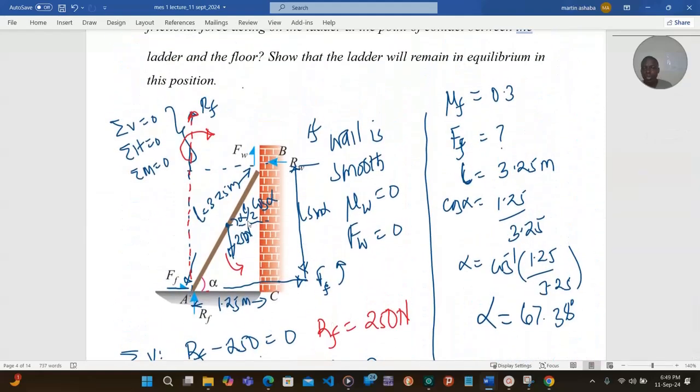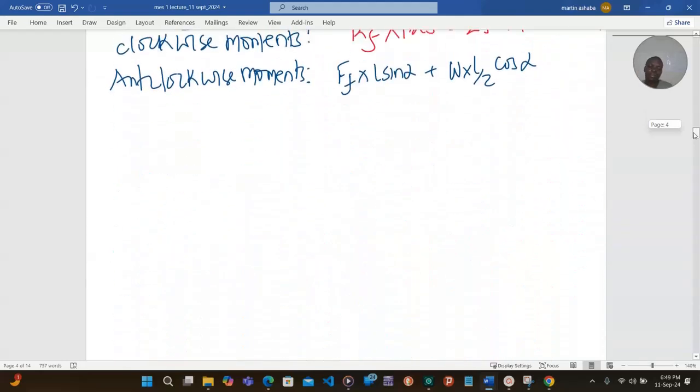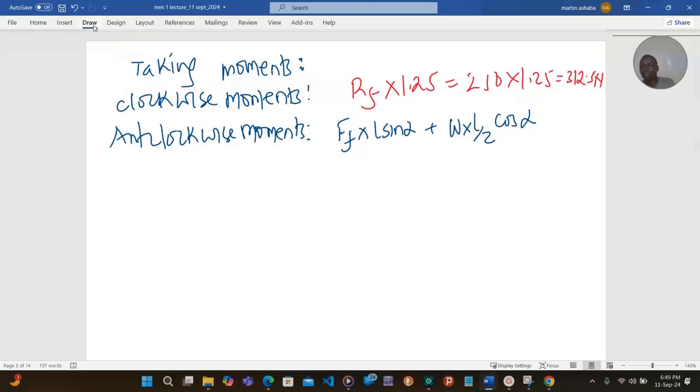You remove a distance of L out of 2 cos alpha. So we are looking for Ff, so multiply by L sine alpha. L is 3.25.